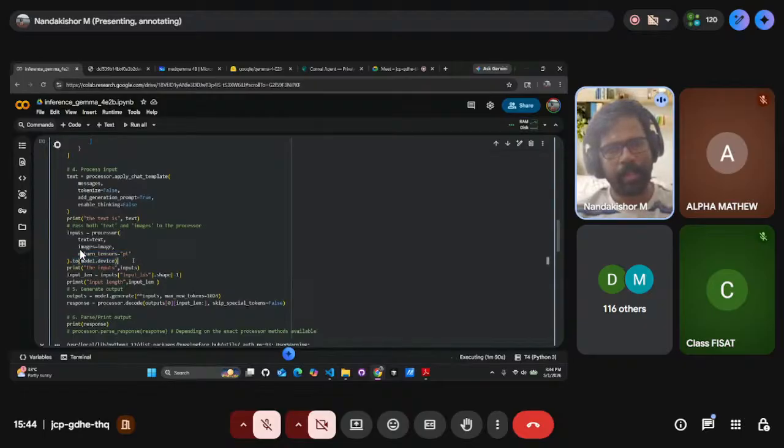That means it's actually giving it to the CUDA layers or the GPU layers to process it.